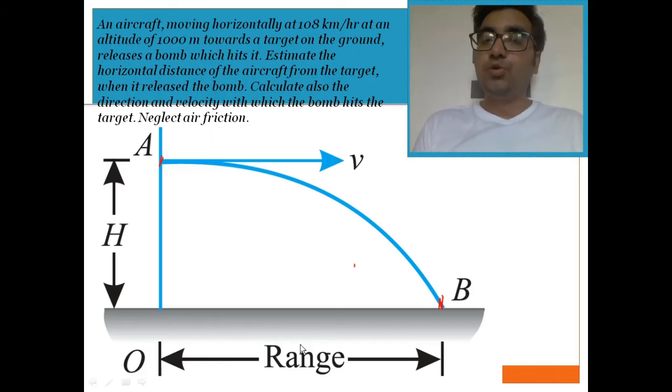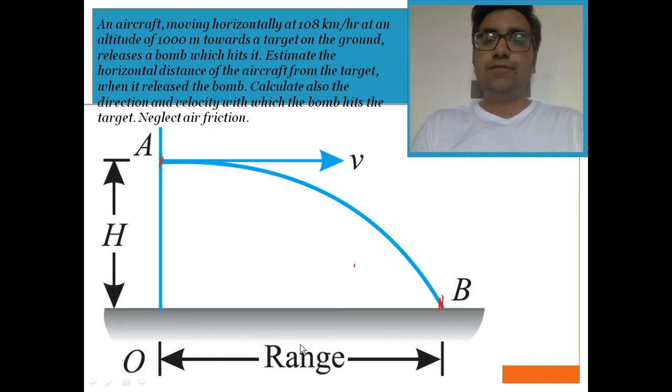So we are not going to use any formula for time of flight, range and maximum height. Is that okay, my dear friend? Here we are going to do the simultaneous horizontal and vertical analysis. As we already know, projectile motion is a combination of horizontal motion and vertical motion.